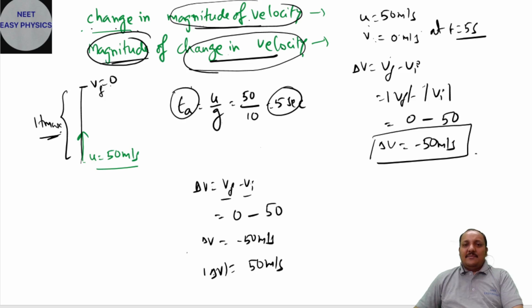Now for the same problem, an object is projected with 50 meter per second. What is the change in velocity after 2 seconds? After 2 seconds, first we have to calculate the velocity. Velocity at time t, what is the formula? V is equal to u plus at. In case of a vertically projected body, u minus gt.